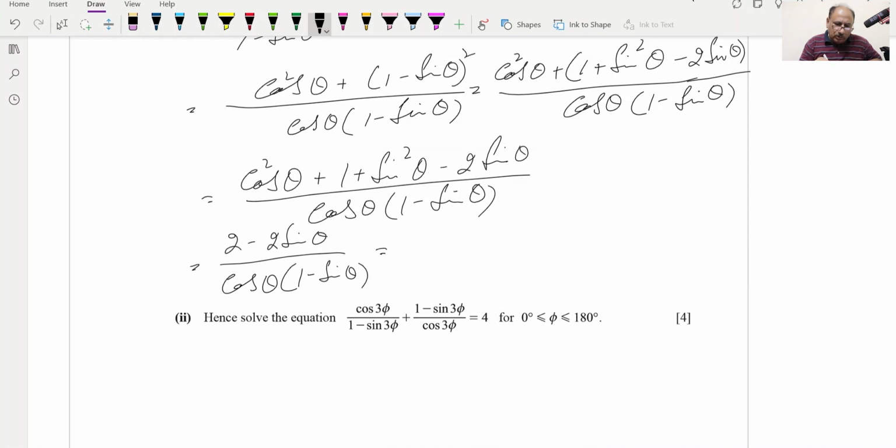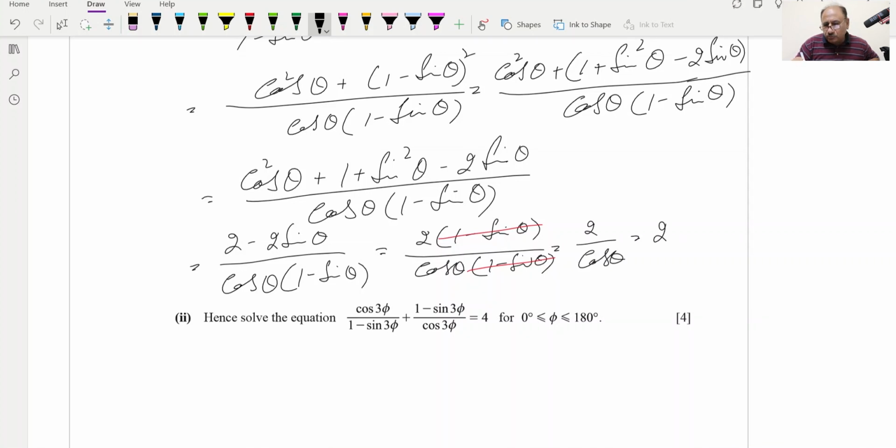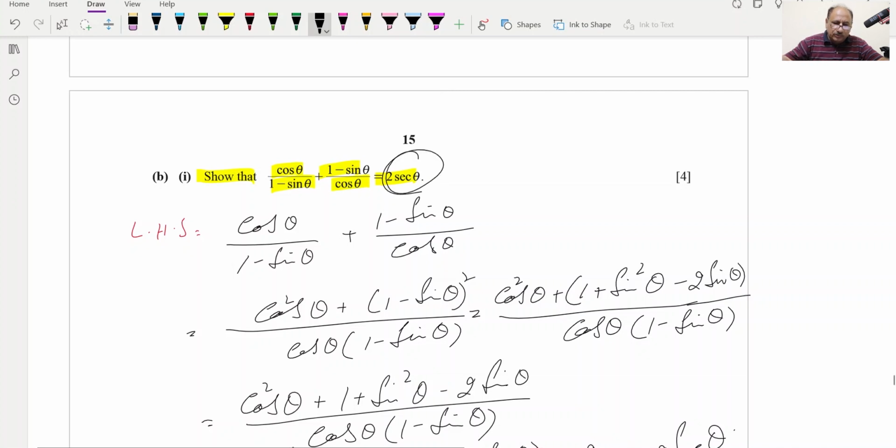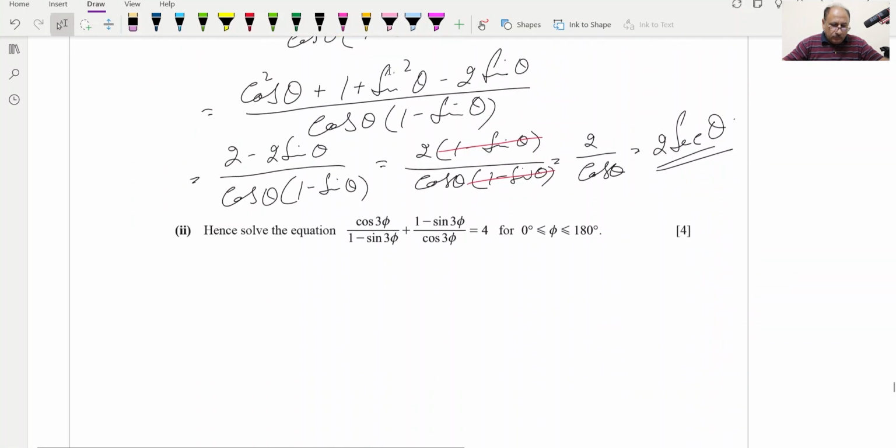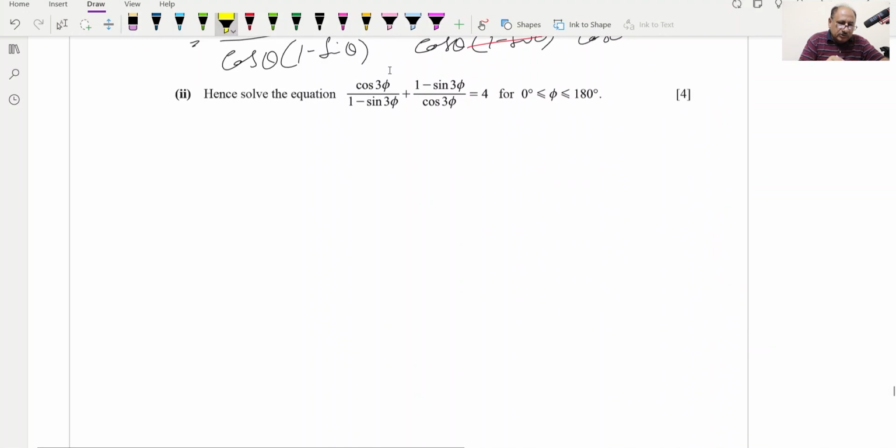We can take 2 common from the numerator, and it will be 2 times 1 minus sine theta over cos theta into 1 minus sine theta. We cancel 1 minus sine theta, and this will be equal to 2 over cos theta, which we can write as 2 secant theta. This is the right hand side which we were supposed to prove, which is done.